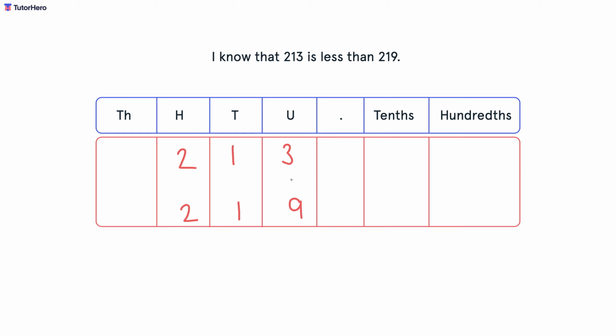So 213 has 3 units, whereas 219 has 9 units. Well, we know that 9 is greater than 3. They both have the same amount of tens and the same amount of hundreds. Therefore, 213 is less than 219. And we've used our less than symbol to compare the two numbers.